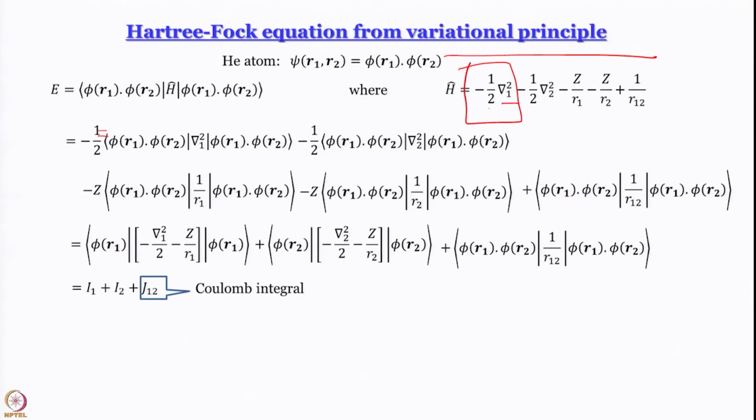Just think, in which context have you heard the name of Coulomb? Coulomb attraction, remember Coulomb attraction. So, the same thing, right. So, electrostatics. Coulomb integral essentially stands for an electrostatic interaction, well, repulsion between electron number 1 and electron number 2, not very difficult to see from here.